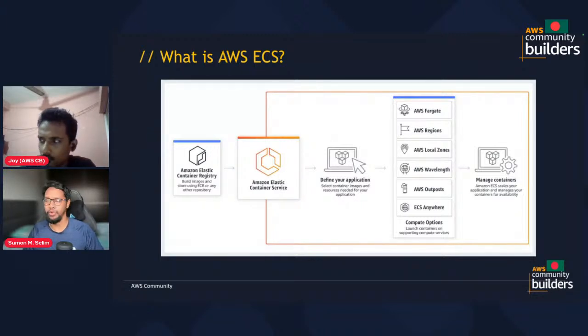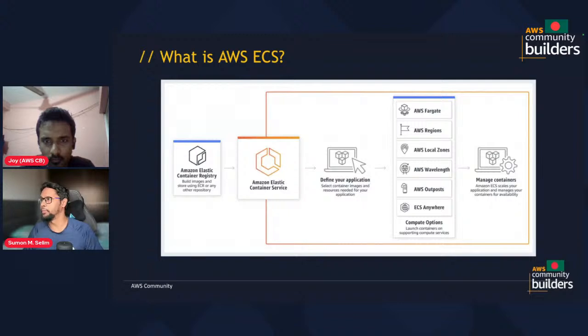And when needed, we can run the application in different AWS resources. Like we can run the containerized application in Elastic Compute Cloud, or EC2 services. We can run the container in serverless mode in the AWS Fargate service. So there are different options available for how we want to run our application. On top of that, we get the flexibility to use other AWS services.